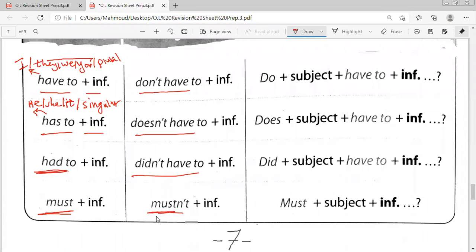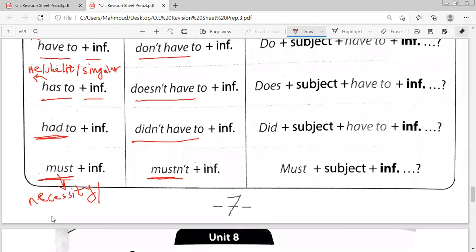But pay attention, because must, we can use it to express necessity and obligation. Obligation, something which is important to do. But mustn't, you will use it in order to express prohibition. Prohibition, it means something which is against the law.